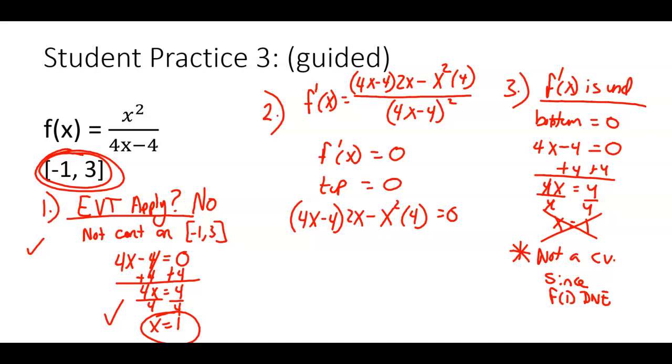Now let's go ahead and solve this other equation here on the left. I'm going to distribute first. I'm going to combine my like terms. And I'm going to solve this by doing a GCF.